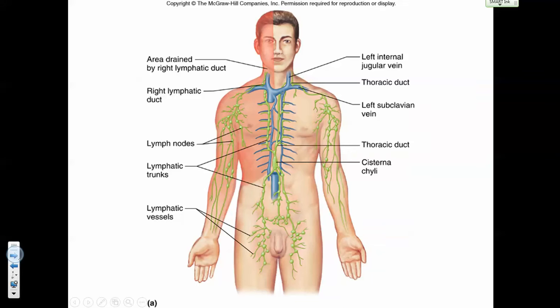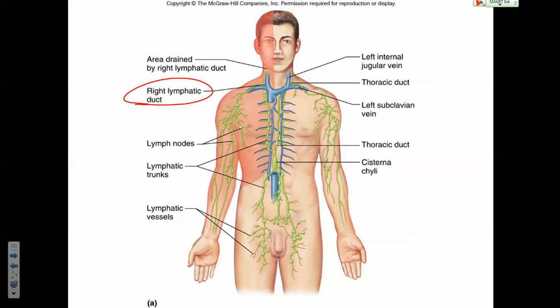Here you can see the shaded area on the top right of the body in this picture. This is draining into one of the collecting ducts, the right lymphatic duct. On the slide two slides before this one, it says the right lymphatic duct drains the upper right part of the body.